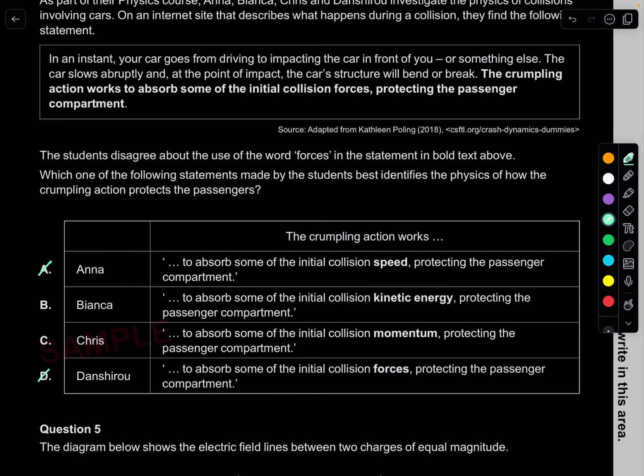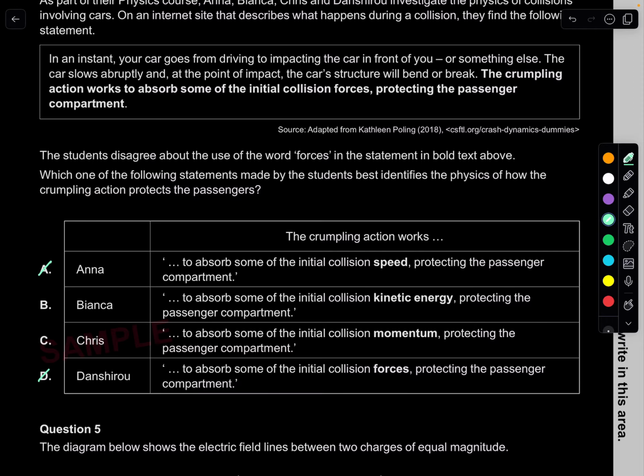To absorb some of the initial collision kinetic energy, protecting the passenger compartment. Now, your crumbling zone basically is you have one at the back and one in the front. When you go at high speeds, you have a high initial kinetic energy, because let's say you're driving 100 kilometers per hour and you crash. So the crumbling zone in front of you is going to crumble.